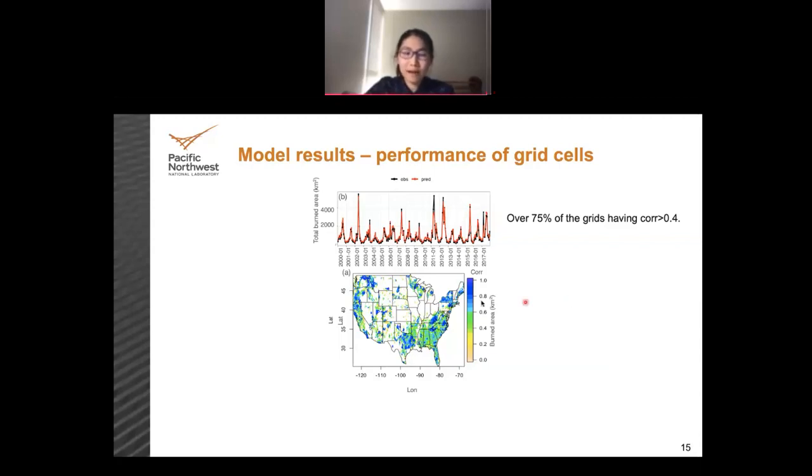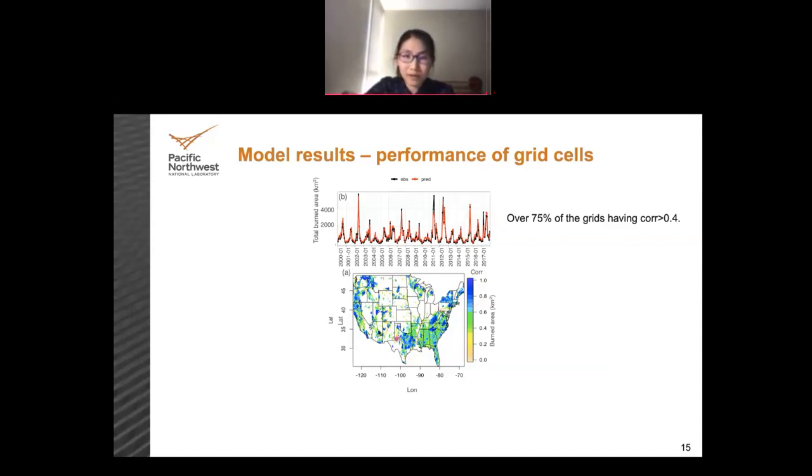So here, figure A shows the correlation between the time series of observed burn area and predicted burn area. If the color is more bluish, that means better agreement between observation and prediction.